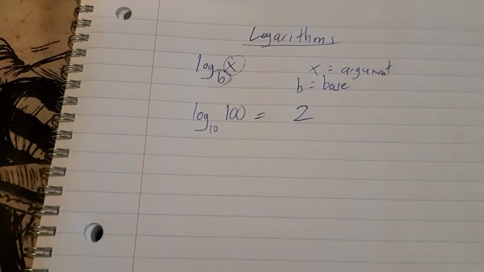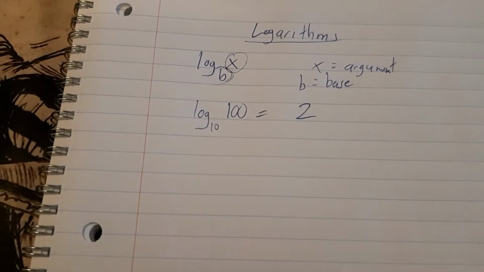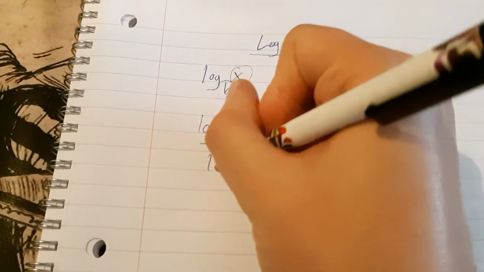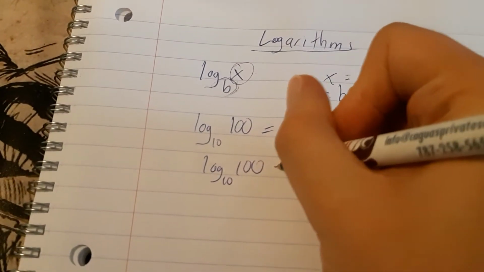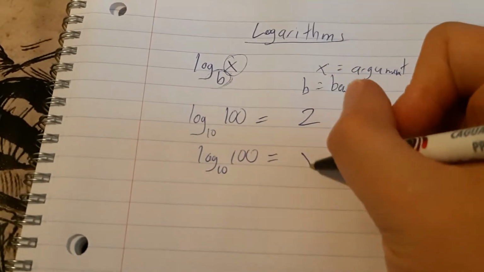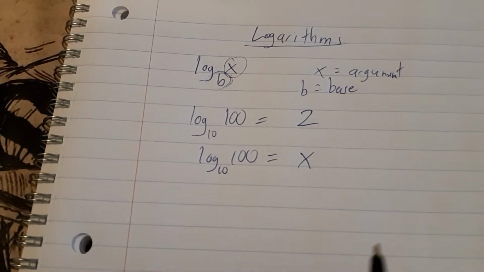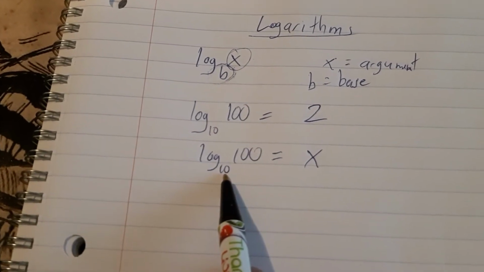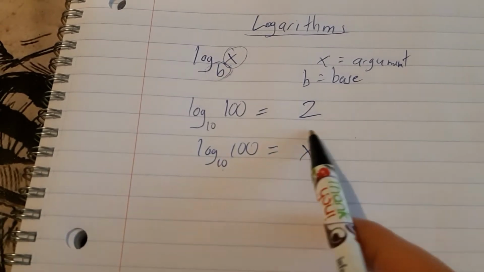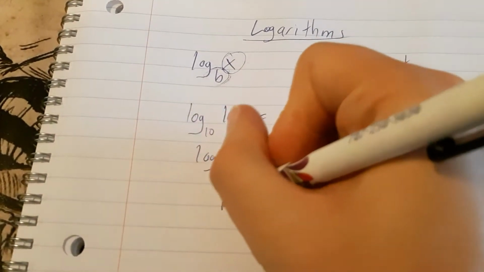Okay, I know you'll be like, what the heck is going on? Well, let's make it simpler. When we have logarithm base 10 of 100, you can just equal it to x. What you're going to do is take this x in the exponent.